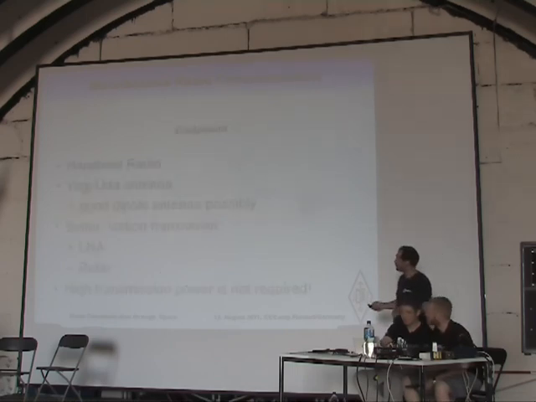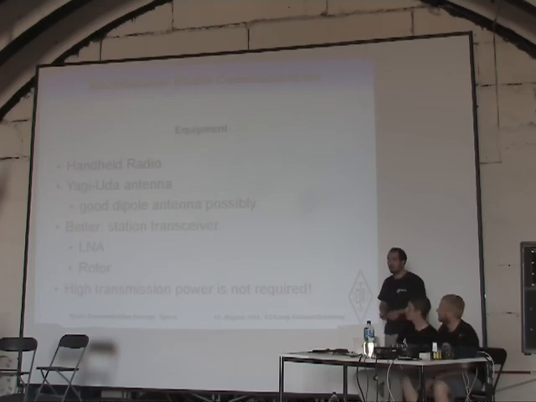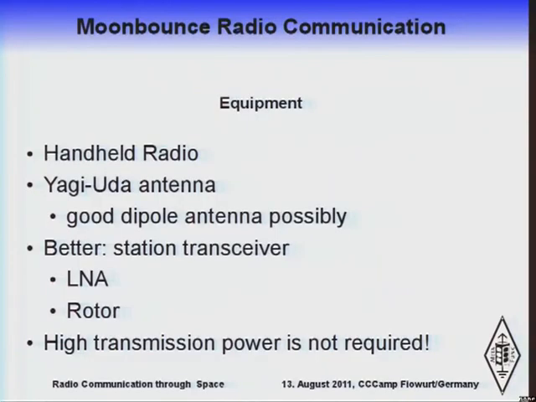Next step. In fact, you don't need very much equipment. You can use something like an amateur radio handheld and a home-built antenna. I built this myself, and it was not very difficult. But you can even use a good dipole antenna with your handheld.